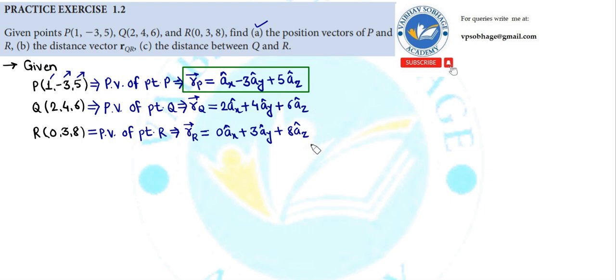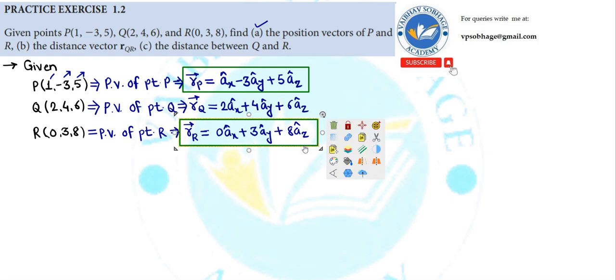Next is the position vector for point R. The position vector of the given point R is 0ax plus 3ay plus 8az, or you can write it in this fashion as well: 3ay plus 8az.